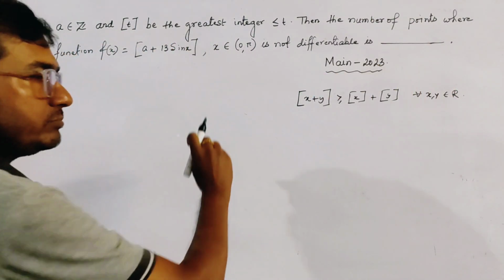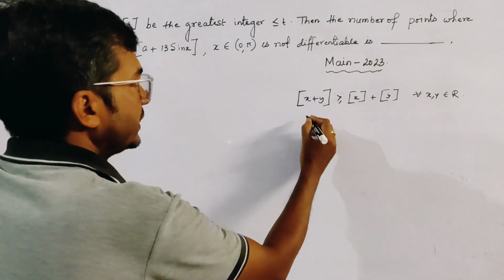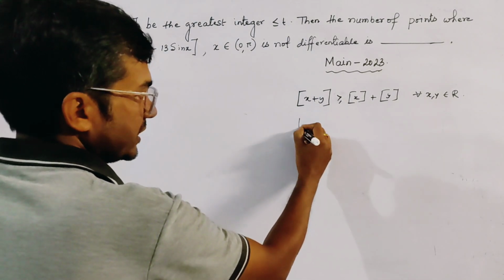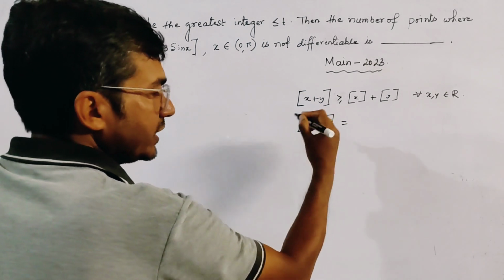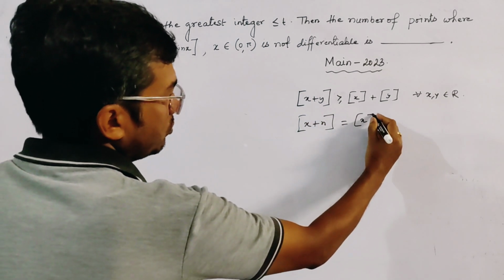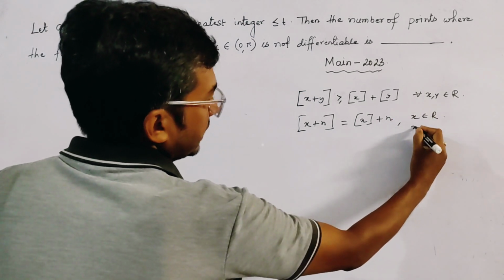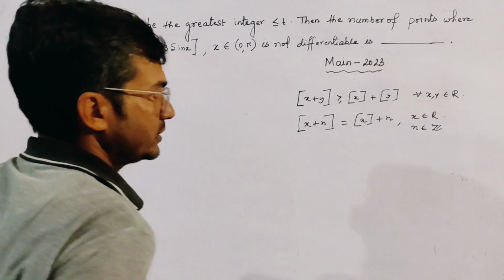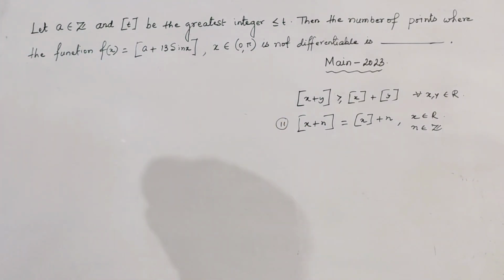If one of them, x or y, is an integer, let y be the integer n, then [x + n] = [x] + n, where x belongs to R but n belongs to Z. We use this property, the second property of the box function.